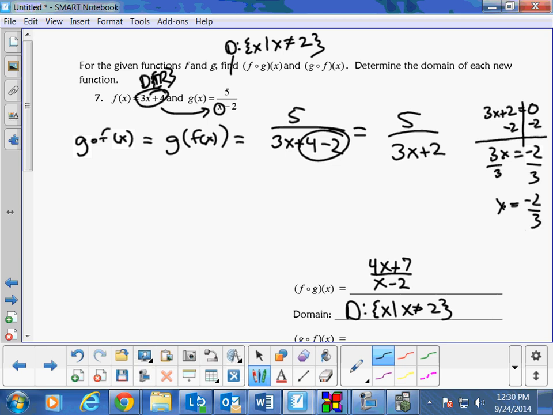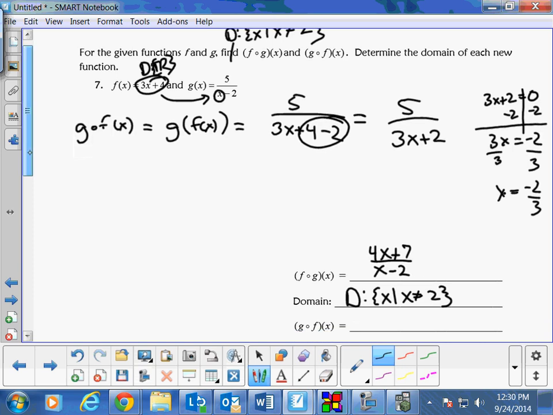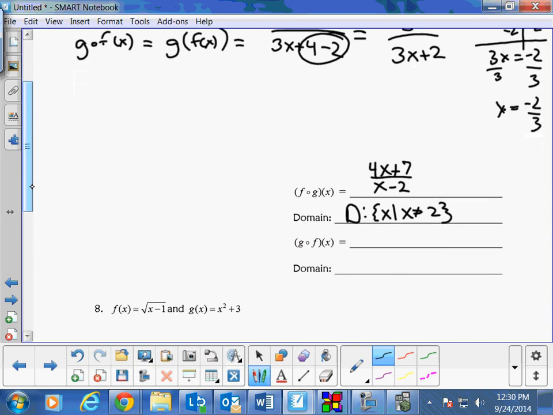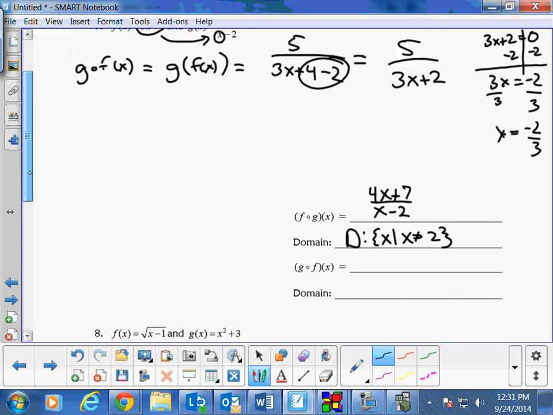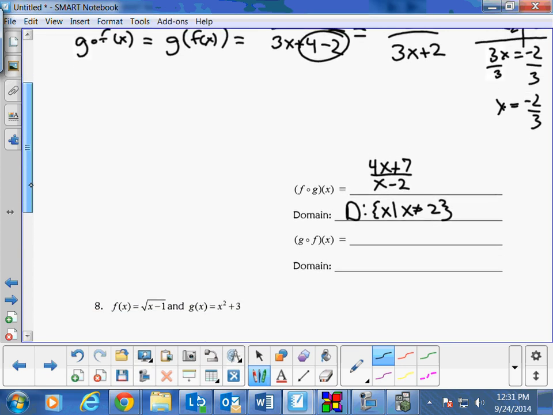Which means that in our case, I'll have my g of f is first of all that 5 over 3x plus 2. And my domain is going to be two things. It's going to be the x such that x cannot equal 2, and also negative 2/3. And that's how we get the answer for that one.